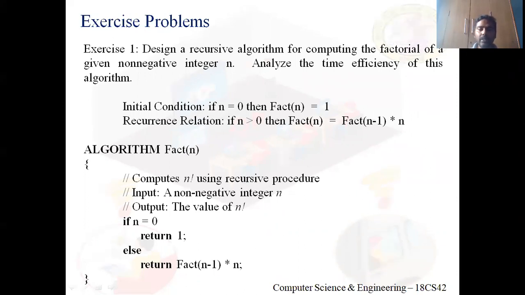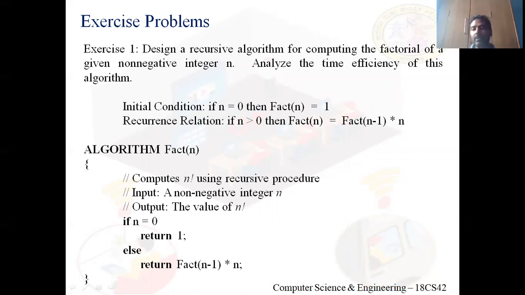Let me assume m of n minus 1 is the number of multiplications involved in the execution of fact of n minus 1.